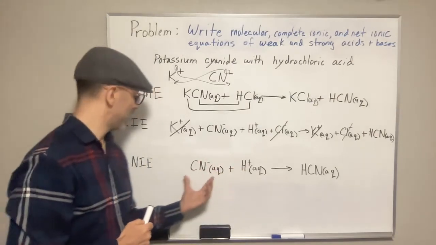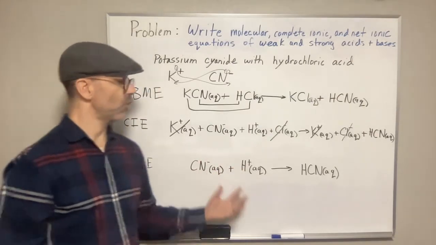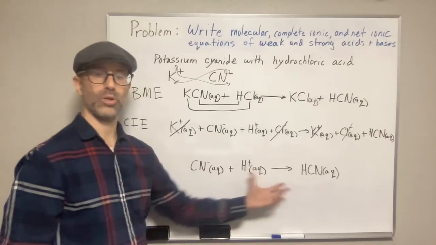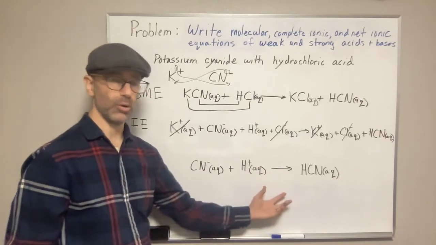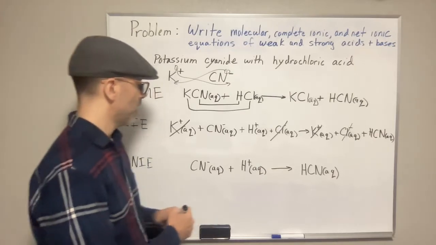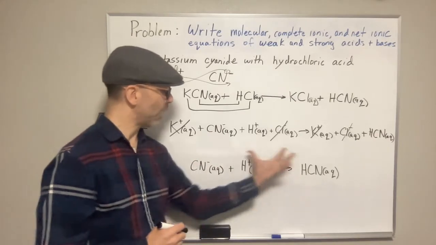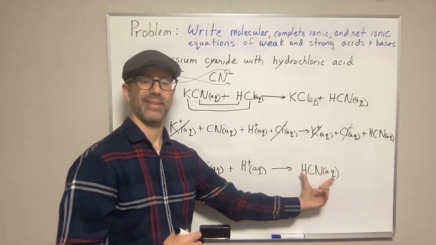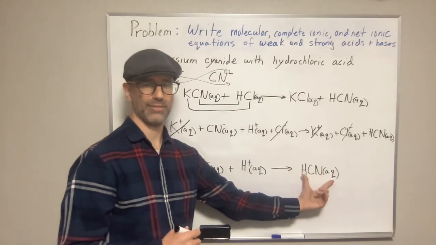Now, our net ionic reaction. So this is a weak acid. So really, this actually is reversible. And so if we wanted to write this as a reversible reaction, most of our substance is going to be in this form. This is not going to separate into ions very easily.